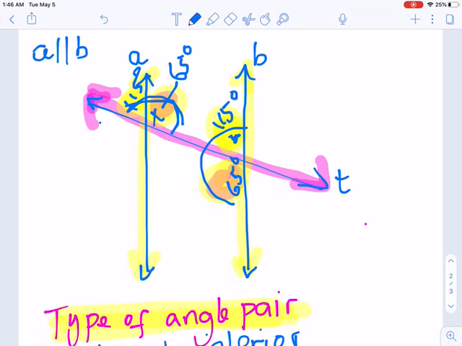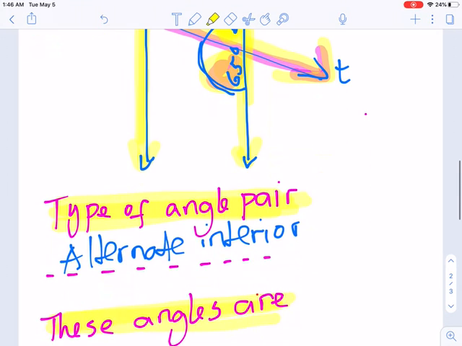So I've been able to prove it using the corresponding angle theorem and also the linear pair to prove that this angle X and this angle 65 are congruent, and I know where their position is. They are alternate in terms of the transversal, and they are inside the parallel lines. So they are alternate interior angles.